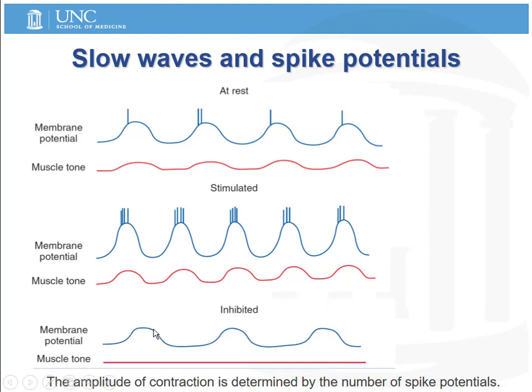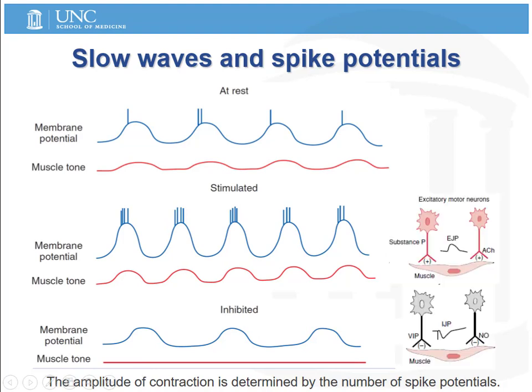Inhibitory agents lower the amplitude of that plateau phase and decrease the muscle tone and the likelihood of smooth muscle contraction. In the myenteric plexus, excitatory motor neurons stimulate smooth muscle contraction primarily through the release of acetylcholine, and inhibitory motor neurons stimulate relaxation primarily through release of nitric oxide.